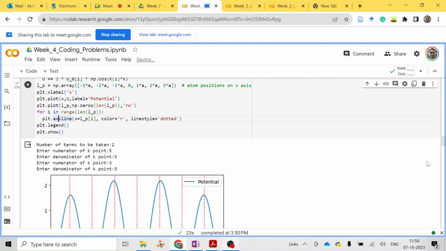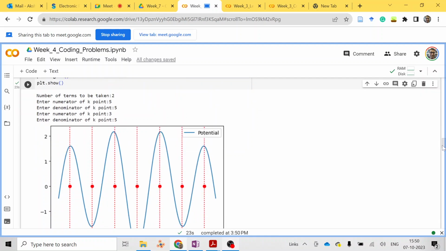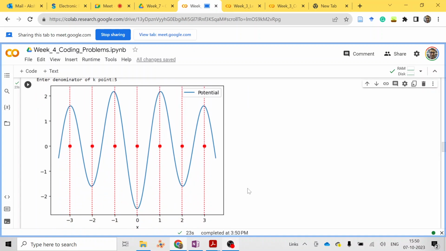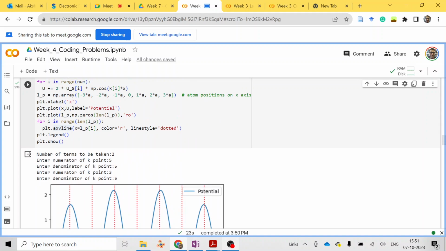Just enter the values, and here you can see that this is not periodic. It is negative at the x equals 0 point, but otherwise it is positive for some atoms, and it's not periodic at all. So B option will be wrong for this week's assignment coding problem 1.